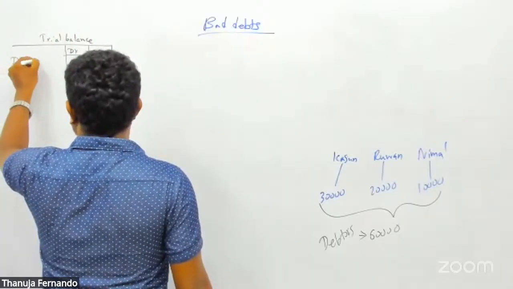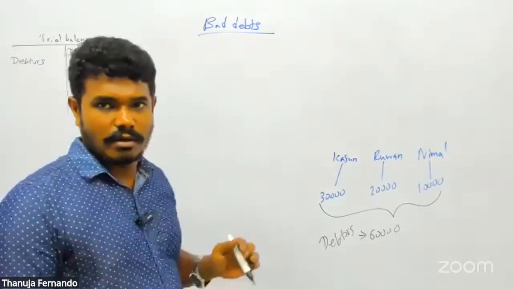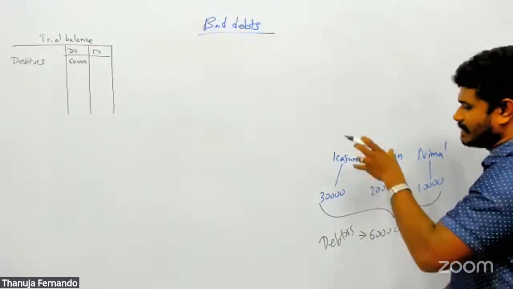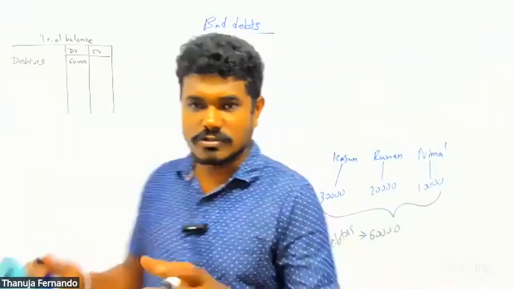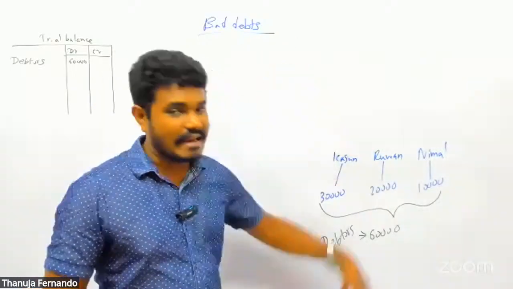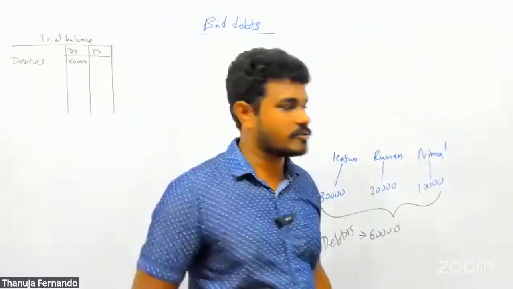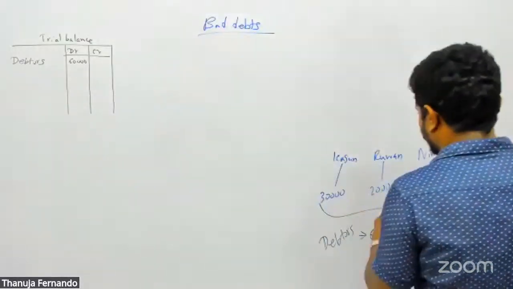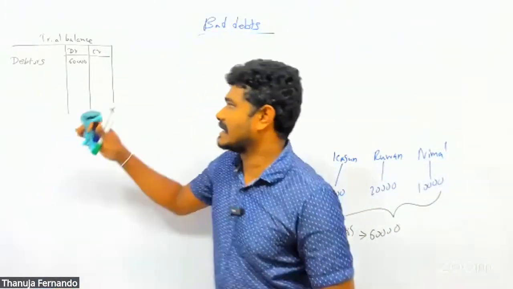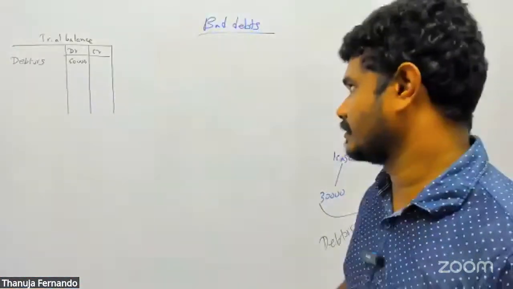Debtors are 60,000. We have maintained individual accounts for each and every one, but when we record their total to the trial balance, we take the total amount of debtors and take it as debtors, the common name, right?